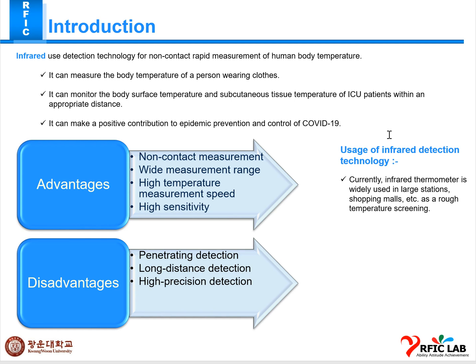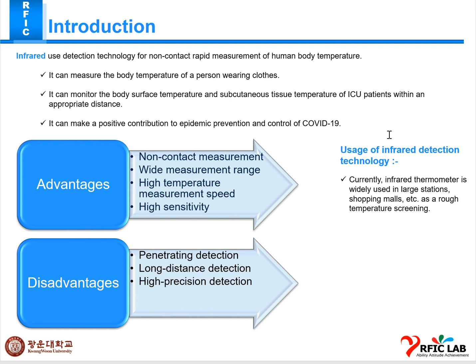Long distance detection, if the person is 10 kilometers away, detection is not there. High precision detection is also a disadvantage.